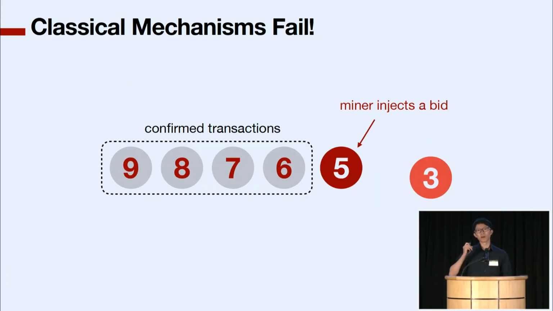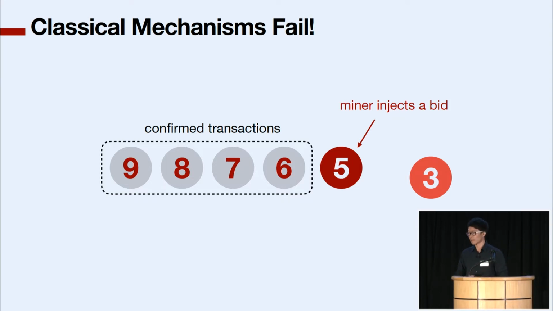However, this golden standard design in traditional auctions fails in the blockchain setting. Because blockchain is a decentralized system, the auctioneer here, which is the miner, is also a strategic player.